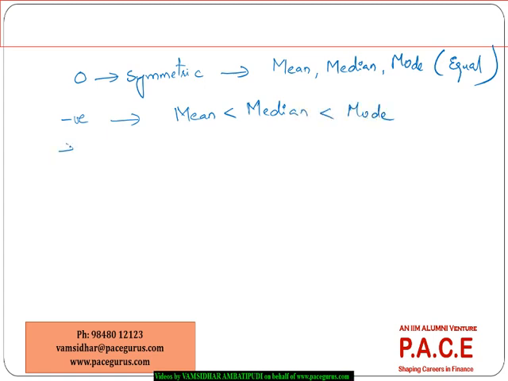And if my data is positively skewed, I see that the mean is much higher compared to the median and the mode. Though it is not mandatory, this is a common relationship that we observe.